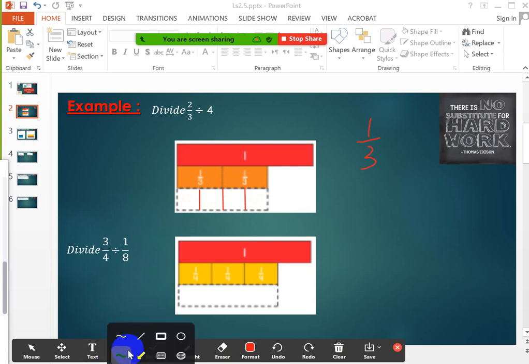You remember the unit fraction that is smaller than 1/3, it's 1/6, right? So if you divide each 1/3 into 2 parts, each part equals 1/6. That means all parts right here become 1/6.